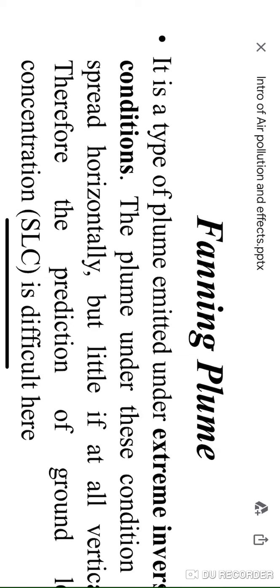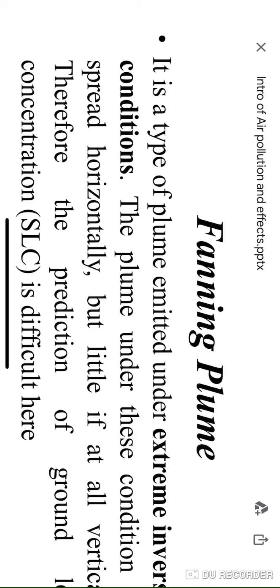In some areas it may happen, because of air pollutants or the environmental conditions, that the temperature increases with increasing altitude. This is known as the negative lapse rate, and that condition may create the inversion conditions.